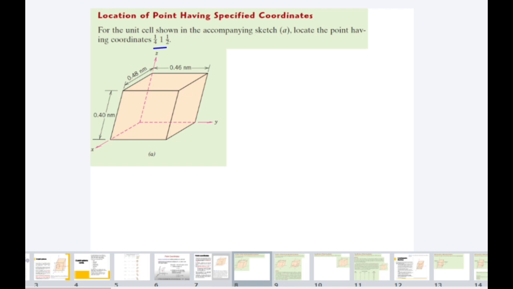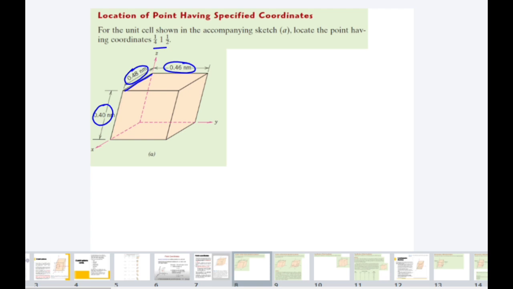Can you tell me? 0.25 A, yes, right? But A here is how much? Here we don't have A, so the lengths are given. A is 0.48 nanometer. B is equal to 0.46 nanometer. And C is equal to 0.4 nanometer.